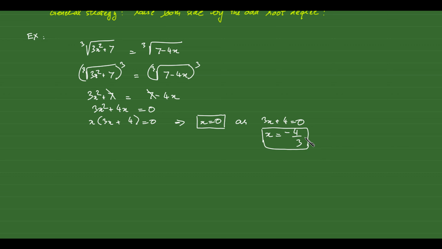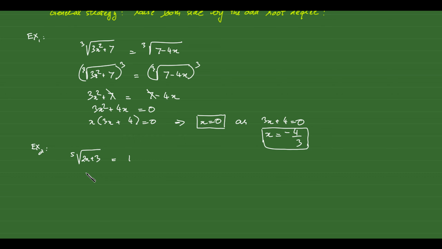Okay. Well, if you have only one third root, then everything will be easy. You just go ahead and raise everything to the third degree. But what if you have a fifth root equal to 1? Well, you're going to do the same thing.